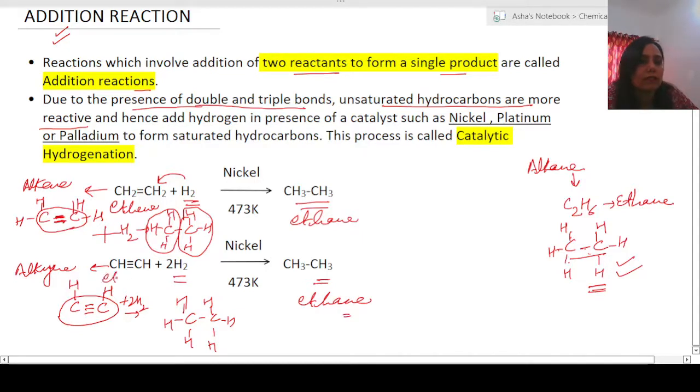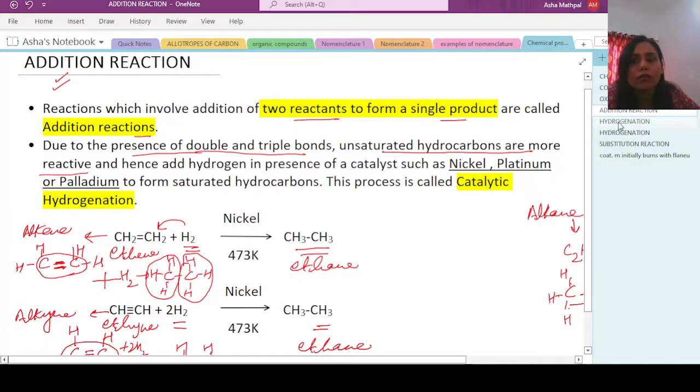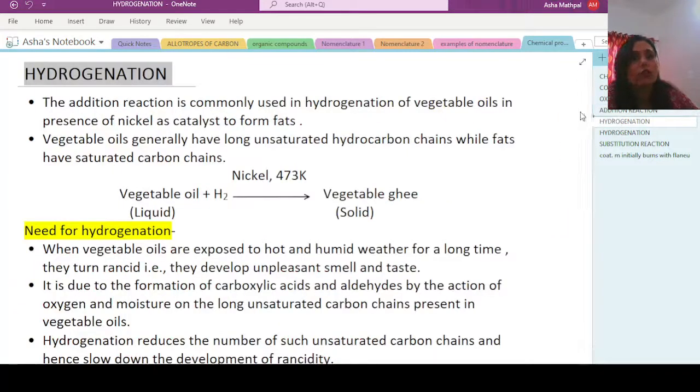This is ethyne. So they want to become like a saturated hydrocarbon, simply because in this case there is a single bond between the carbons and they are not under stress. So as soon as you add H2, they will quickly accept it and change to the saturated hydrocarbon. Now this addition reaction has an application which is also popularly called the hydrogenation reaction.